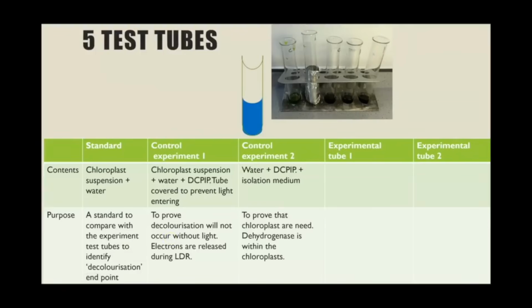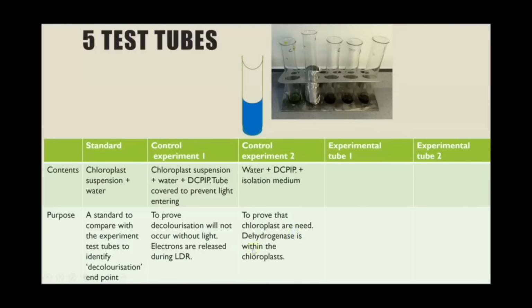My second control experiment, which is the one just here, as I said, you can't see the colour, but it is actually that bright blue colour of DCPIP. All I have in this one is distilled water again, DCPIP, and this time I'm not putting in the chloroplast suspension, because what I'm going to be proving with this control experiment is DCPIP does not decolorize unless chloroplasts are present.